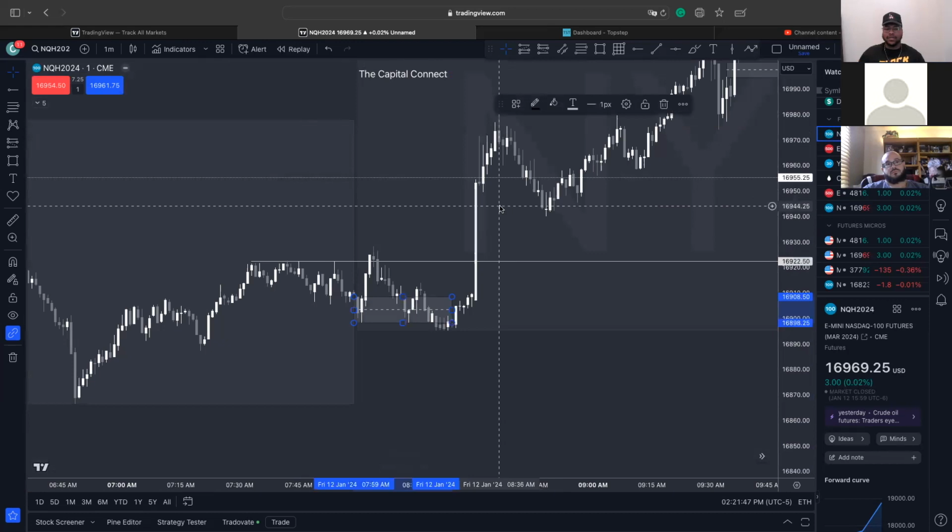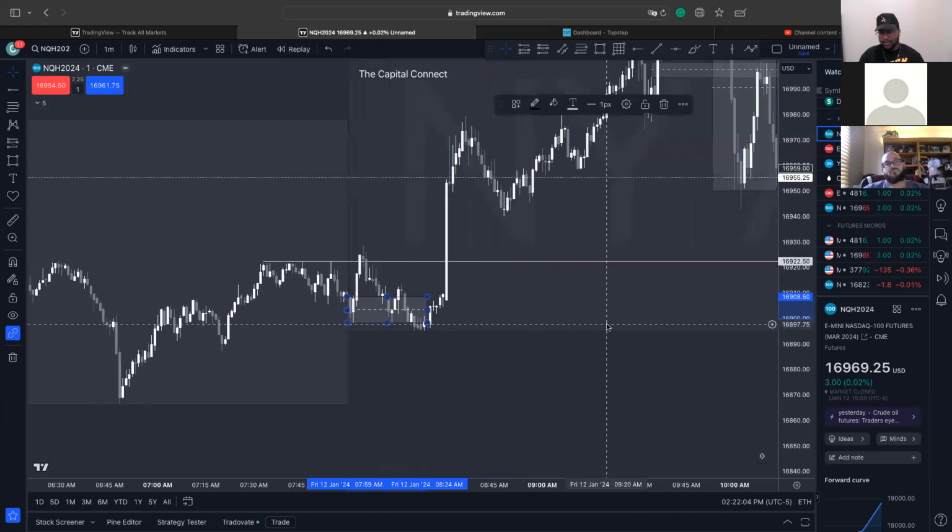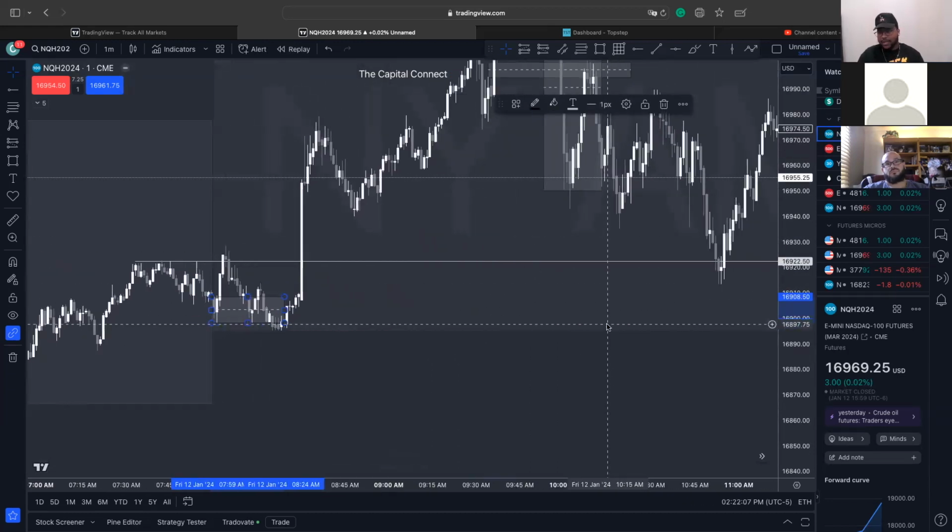So when it comes to choosing setups, choose the one that has SMT divergence or choose the ones that have strong displacement. You'll be able to tell what displacement is because it's clear as day. Like this huge candle, that's displacement to the upside. So I'm choosing which one is stronger and or weaker in those particular cases.